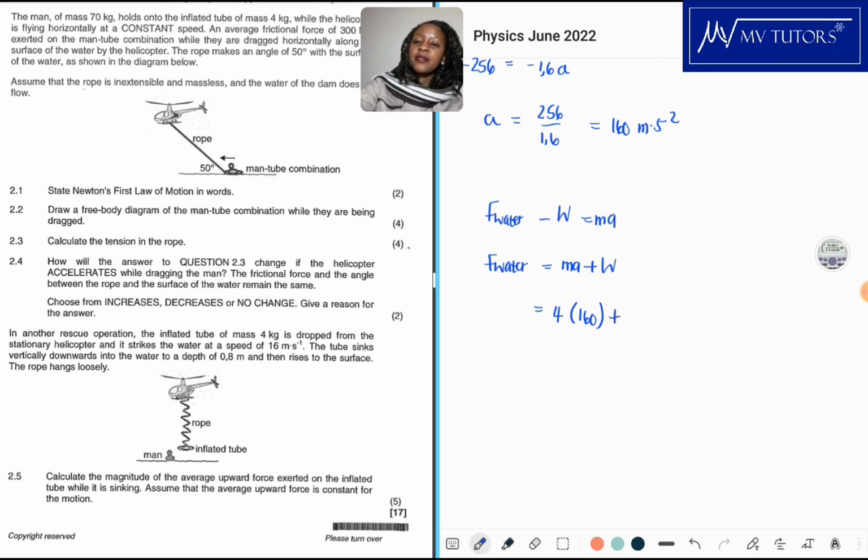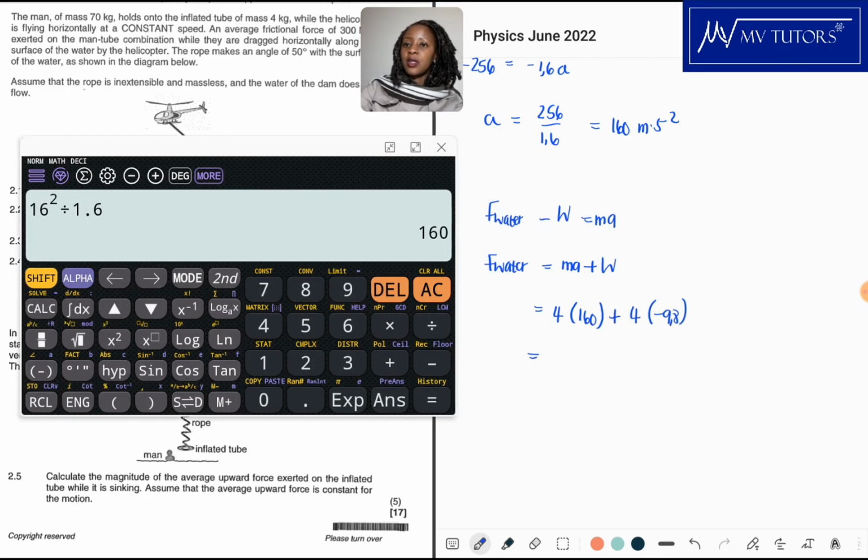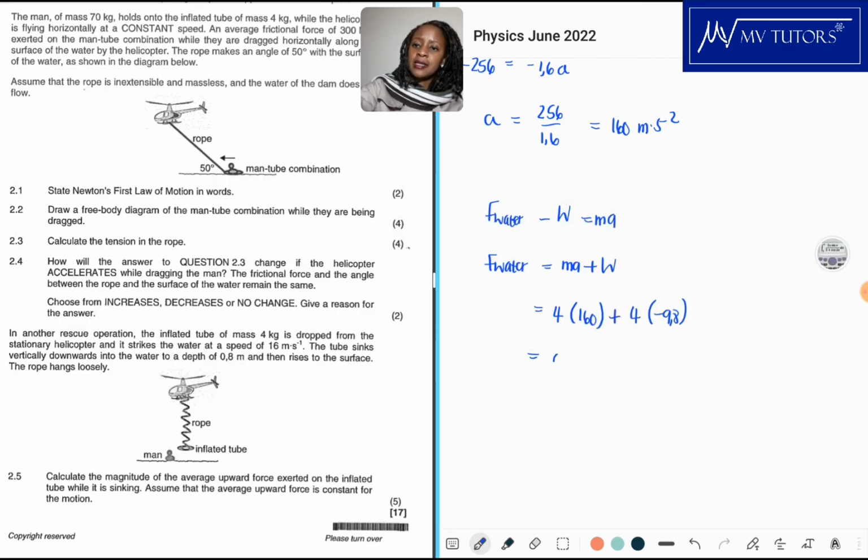Then we have the weight, 4 times g, and because we've taken up as positive and g is actually down, this will be negative 9.8. If we work it out, we have 4 times 160 minus 9.8 times 4, and we have 600.8. So that's quite a big force there.